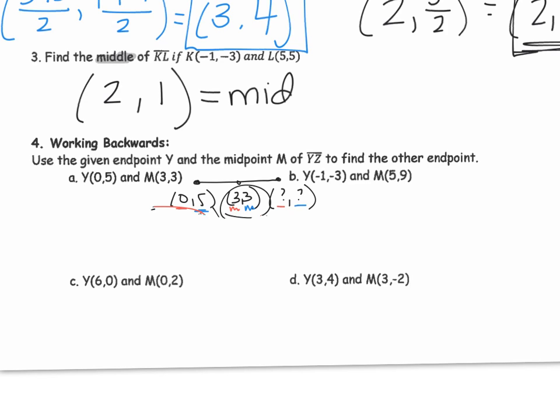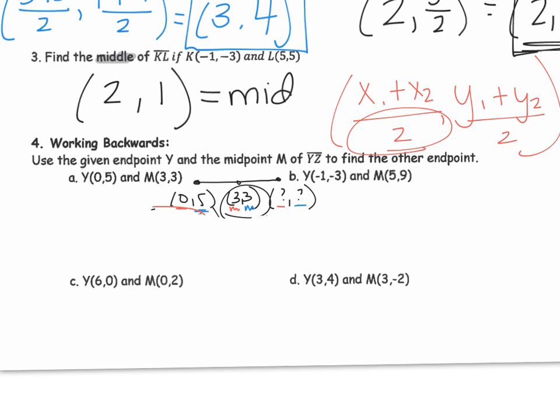So let me just write my formula up here. x1 plus x2 over 2 and y1 plus y2 over 2. I divided by 2 last, correct? So I'm going to take my midpoint. You always start at your midpoint. I'm going to multiply by 2 because I'm doing the opposite. I'm going to multiply by 2. (6, 6).